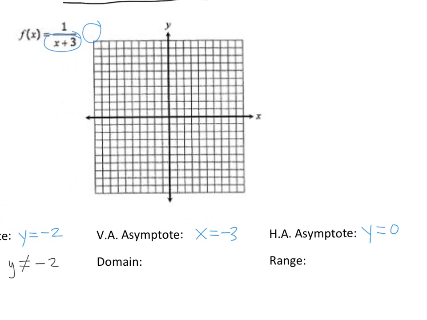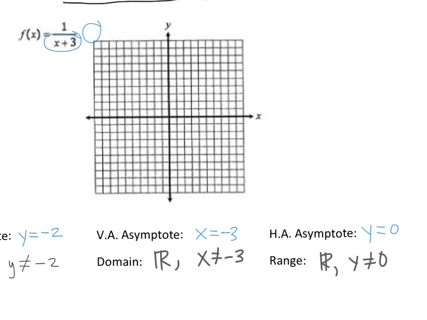So I'll go back over to this one. Domain's going to be all real numbers, but x can't be -3. And the range is going to be all real numbers, but y can't be 0.